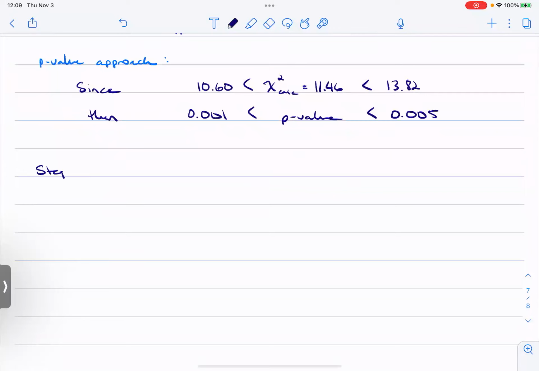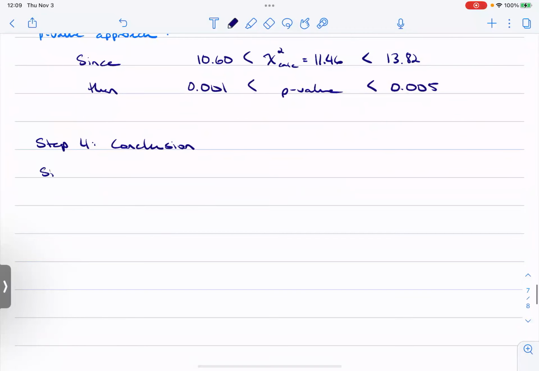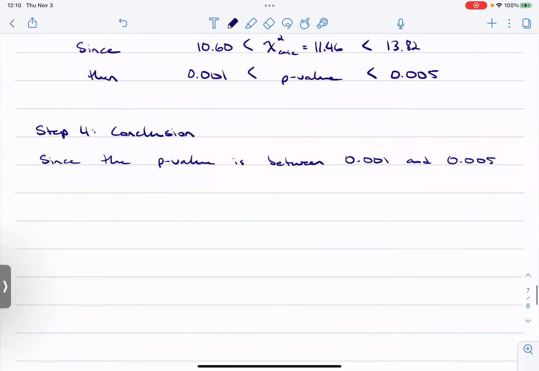So step 4, our conclusion. Since the p-value is between 0.001 and 0.005, it is less than the assumed alpha level of 0.05.